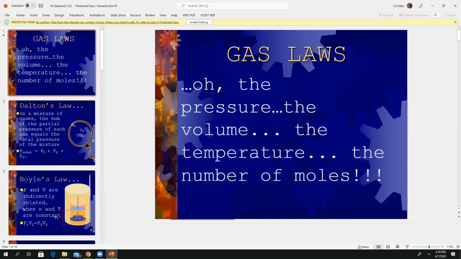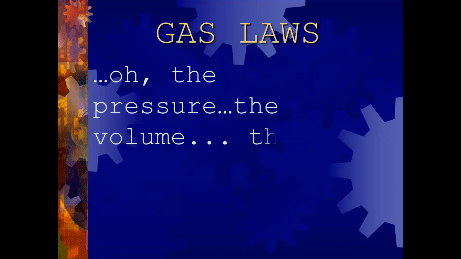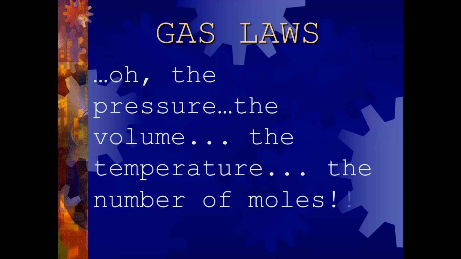All gases have certain characteristics to them. And if you remember the kinetic molecular theory, there's a part of it that applies to gas. So it's all about pressure, volume, temperature, and the number of moles.